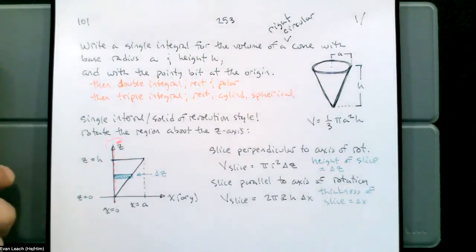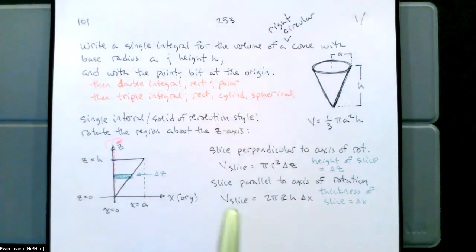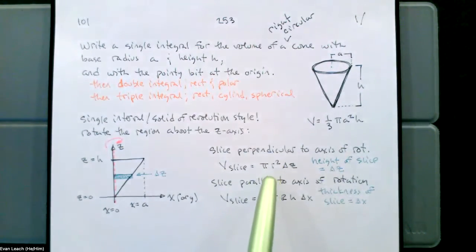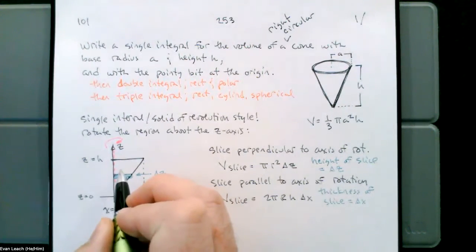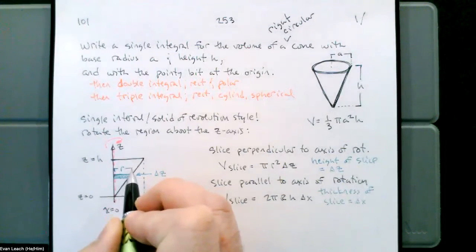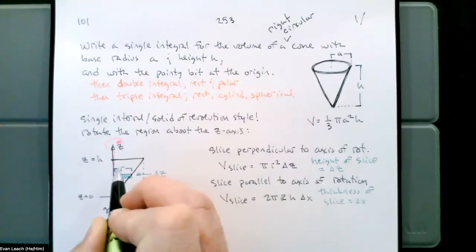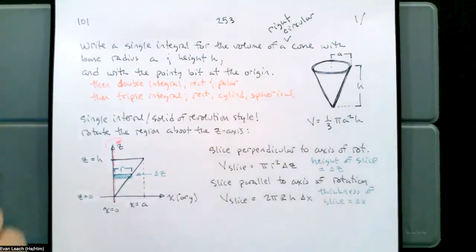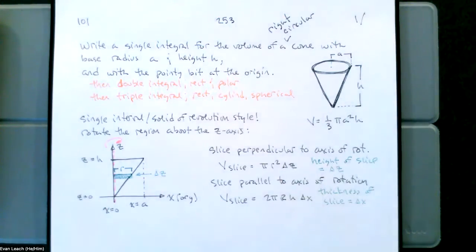So with this delta z, if I'm going to slice perpendicular to the axis of rotation, the volume of the slice is pi times r squared times the delta z. I've got to go into my picture and label where r is. R is the radius of my circular slice. And a radius is always measured from the axis of rotation. So there's r.